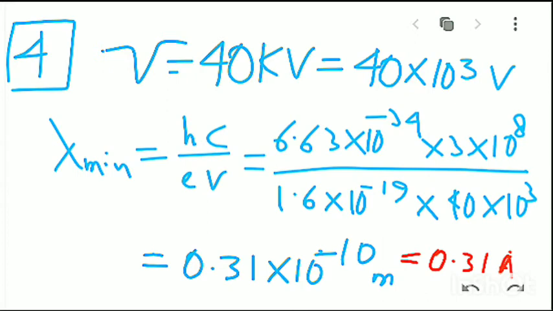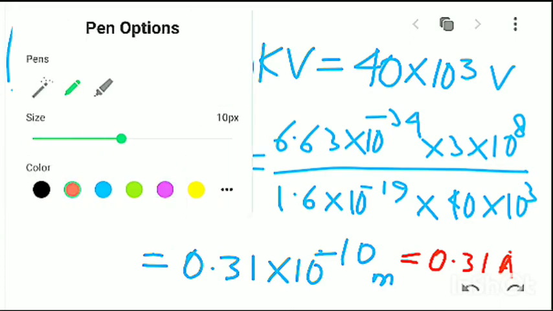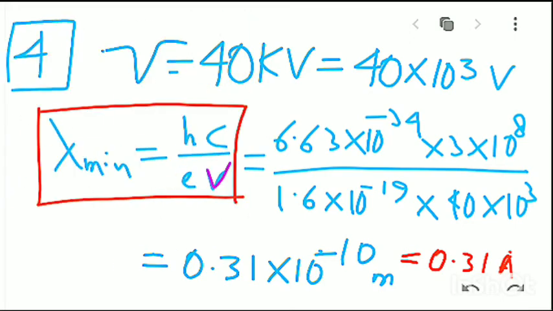Now, the next part of the question asks how this minimum wavelength value will change if the target is made of another material. In this question, if I just change the material but keep everything else the same, you can see in the lambda minimum formula that the minimum wavelength depends on h, which is a constant, c, another constant, e, the electronic charge, another constant, and just the factor V, the driving potential.